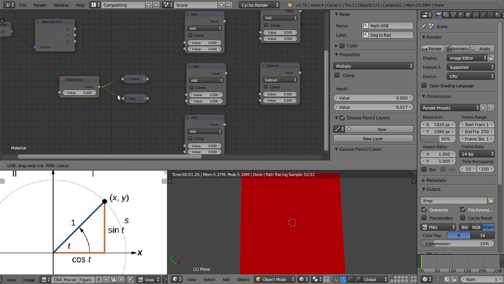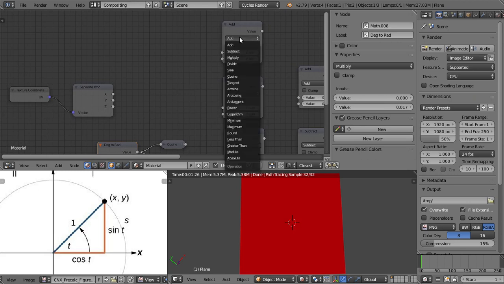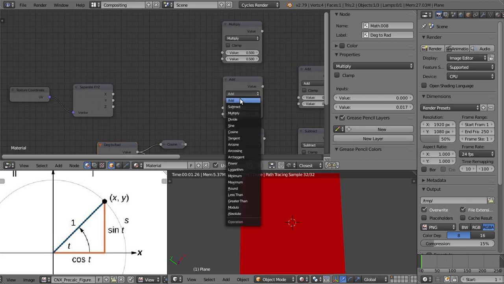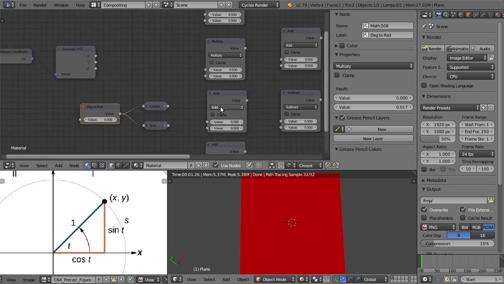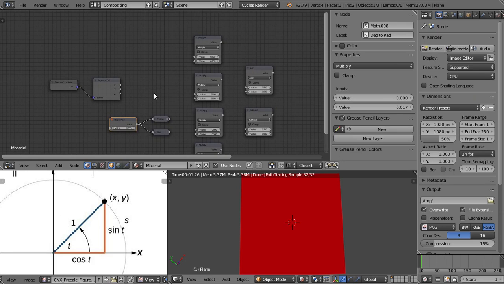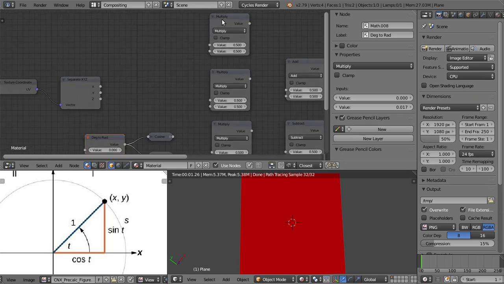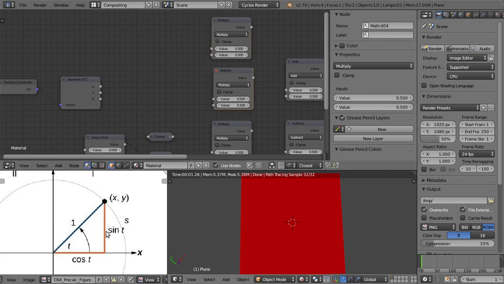We take the sine and cosine of that. And we need to multiply. Multiply. Multiply. And we're going to do the run and the rise. Normally it's rise over run, but you know. So the rise is the sine and the run is the cosine.